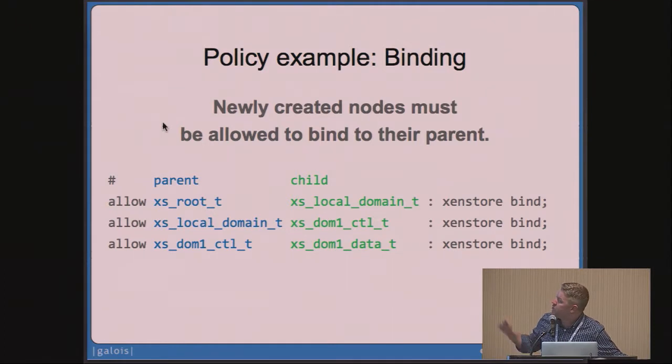That's what this bind permission means. This gives us another degree of control that's basically orthogonal to the relationship between domains and nodes. It lets us say, you can only have these types of nodes in this place in XenStore. So that gives us a lot of control over not allowing domains to just create random nodes wherever. You can really lock down where things can appear in the XenStore.